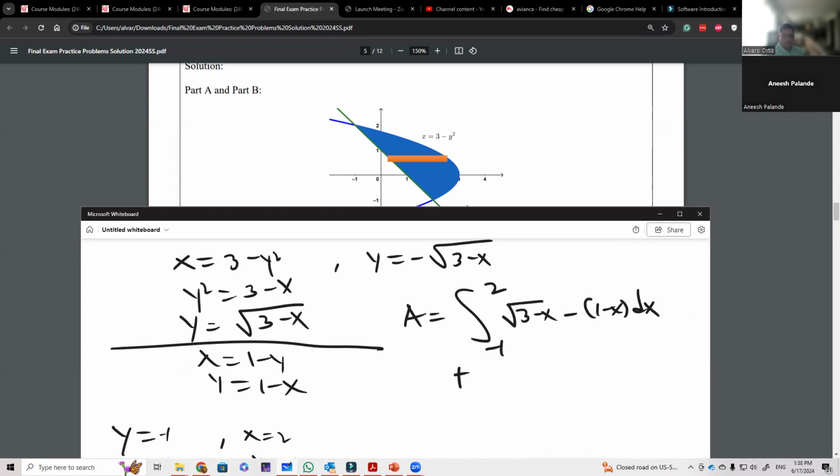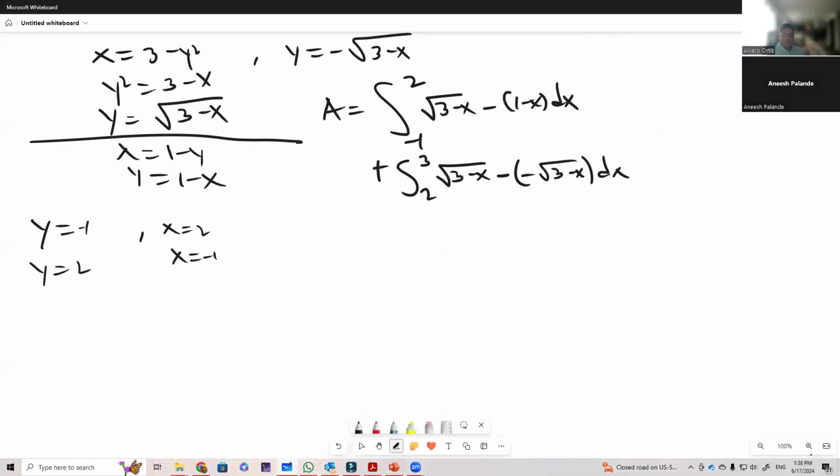And so plus, I also got to go from 2 to 3 of the top, which is the square root of 3 minus x, minus the bottom, which is minus the square root of 3 minus x. So overall, if we're going to do this in terms of x, this is going to give me two integrals.